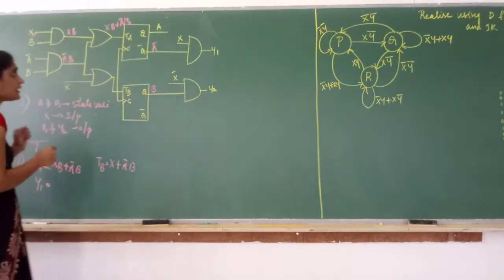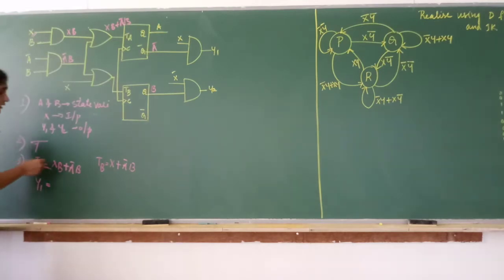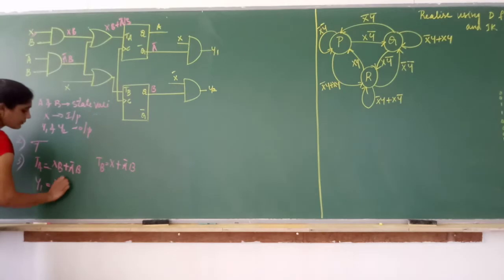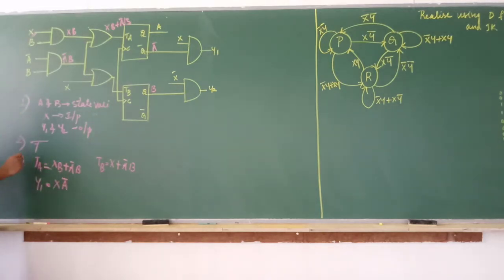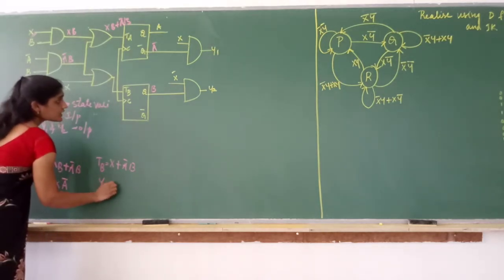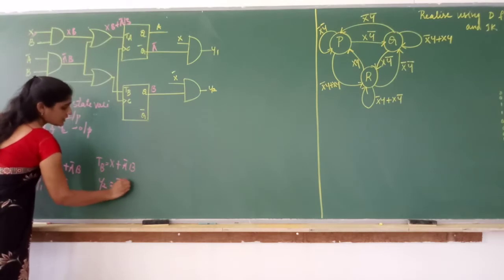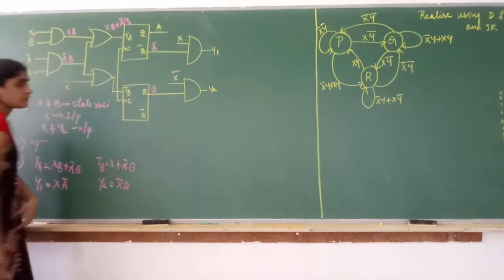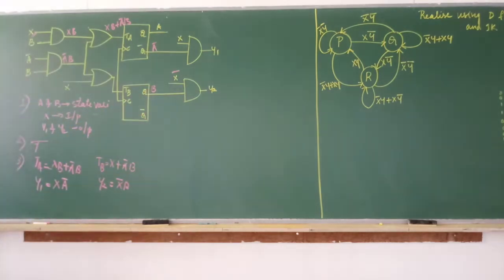So Y1 is x A bar. Am I correct? Y1 is x A bar, and Y2 is x bar B. Yeah, these are the equations we have got.